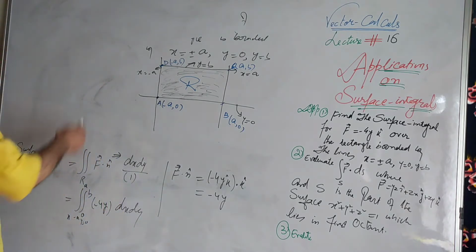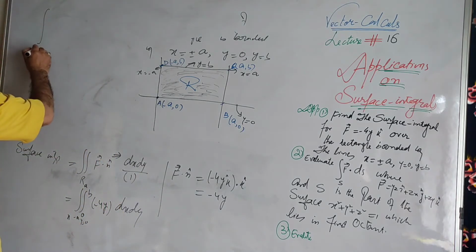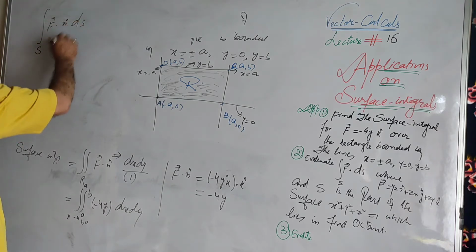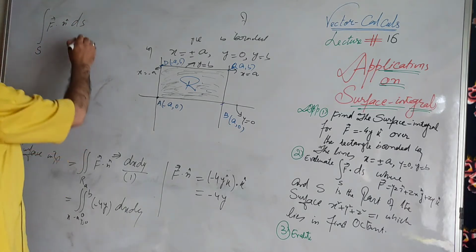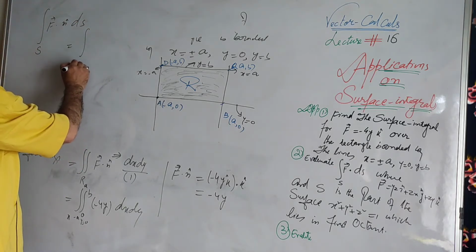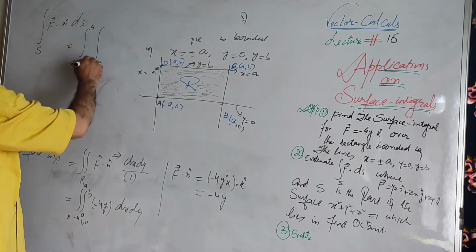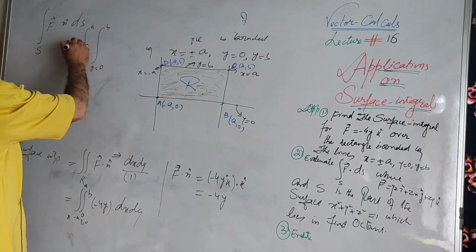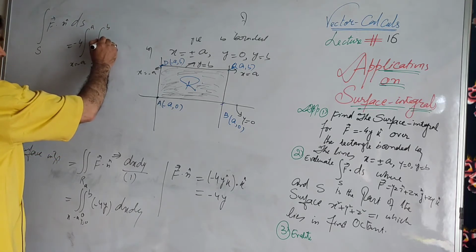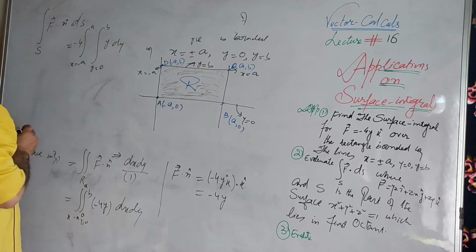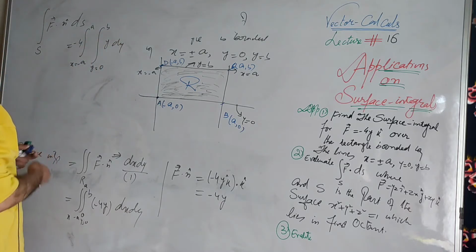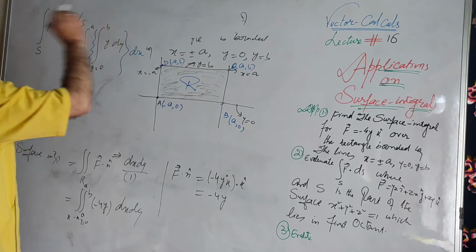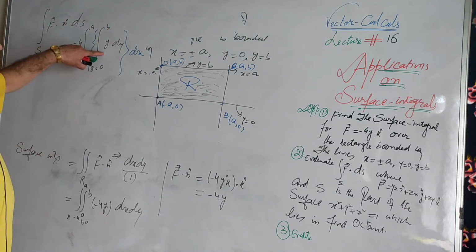This is your surface integral over the given surface of f dot n ds, given by the double integral of x from minus a to a, y from 0 to b. You can take minus 4 out, it is constant. I will write y dy, and integrate y first with respect to y, keeping dx out, because 0 to b is the limit for y.